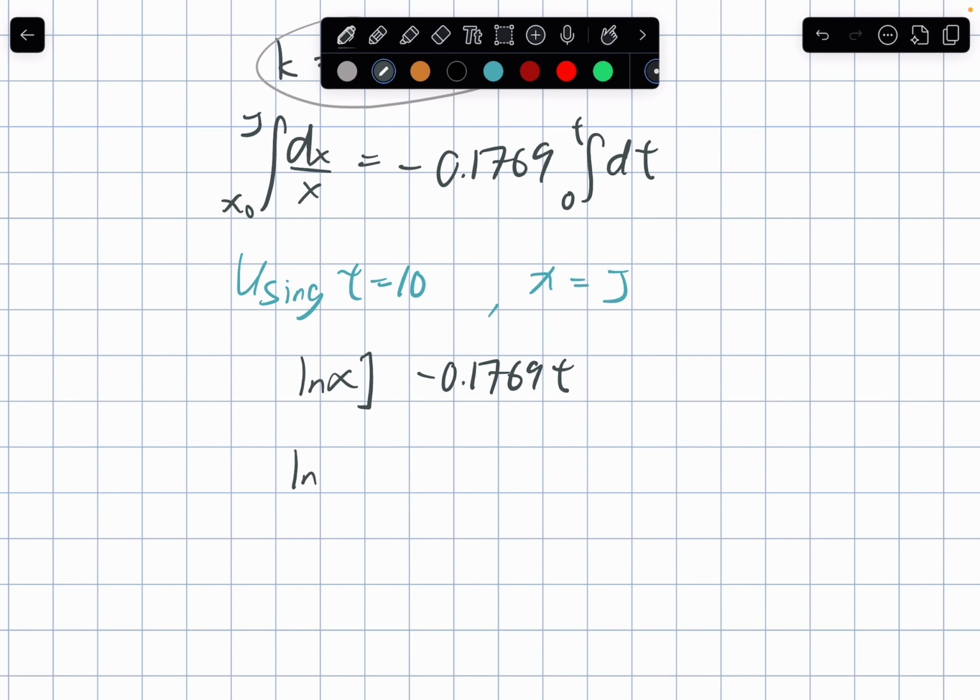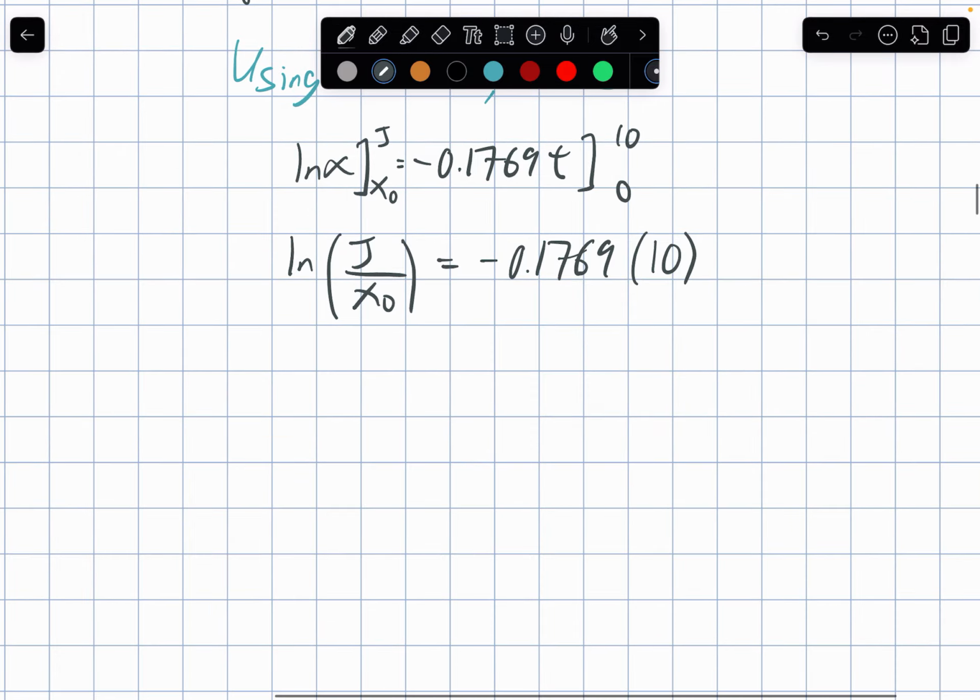ln of j over x sub o equal to, t is supposed to be 10, so 10, 0. So ln j over x sub o is equal to negative 0.1769 times 10 minus 0, which is just 10. So what's next? Let's remove the ln. So we have j over x sub o is equal to e raised to negative 1.769.